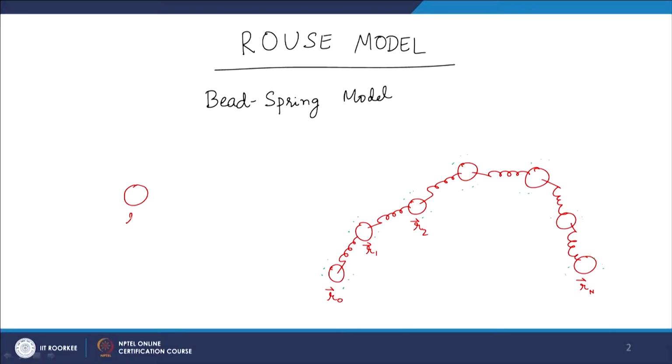So, between say two beads, or better still for any bead that is located at Rn, it experiences two spring forces due to the n plus 1th bead and n minus 1th bead, which are located at Rn plus 1 and Rn minus 1.